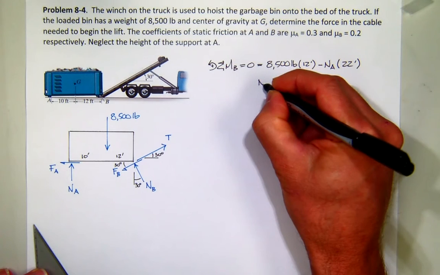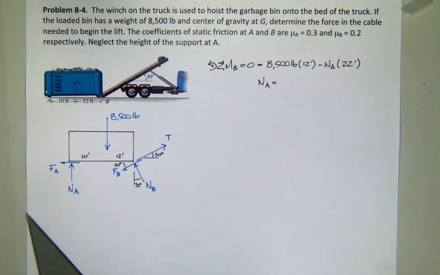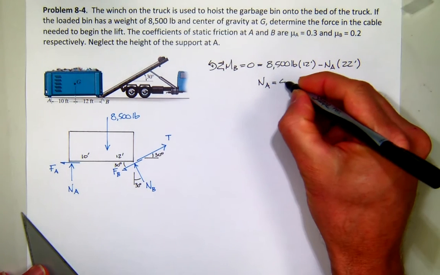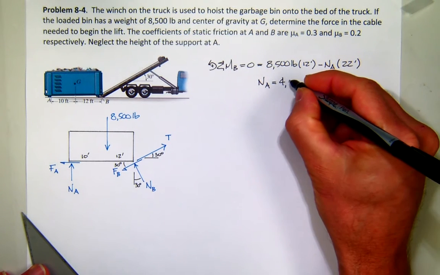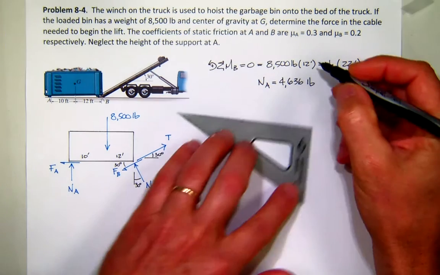So I should be able to solve for the normal force at A. So that's 8,500 times 12. I got 4,636 pounds. Does that seem reasonable? So there's one of them that I know.